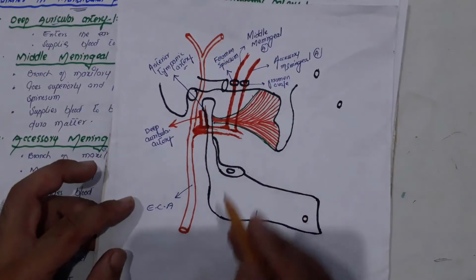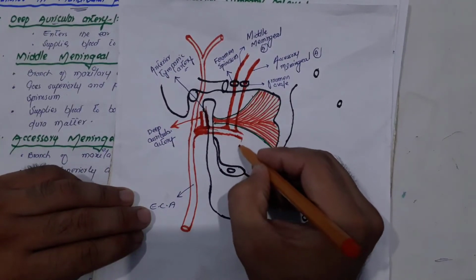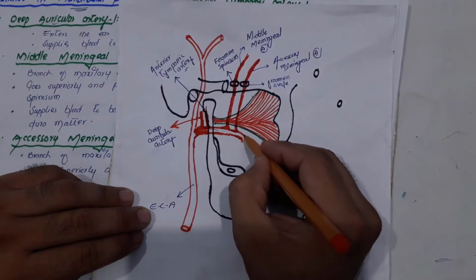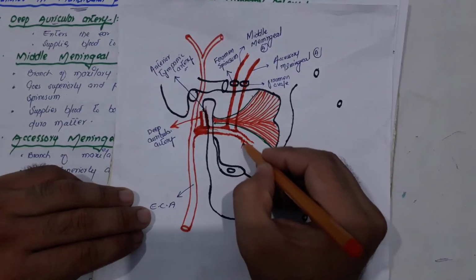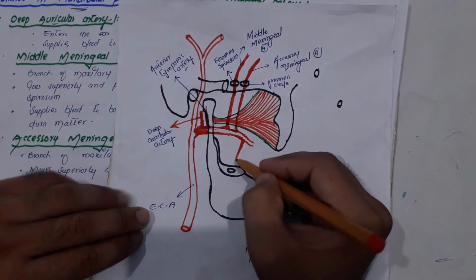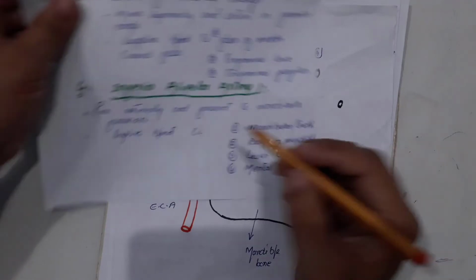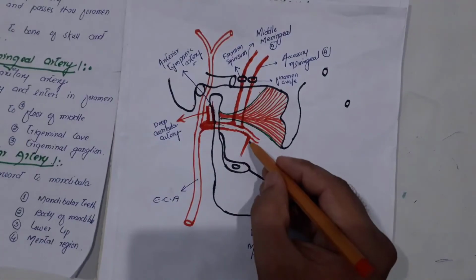And if we go a little forward from this part, the inferior alveolar artery arises, right? It goes forward. This is our inferior alveolar artery. Look carefully, where is this artery going? I have discussed it here. It goes anteriorly and forward to the mandibular foramen, right?